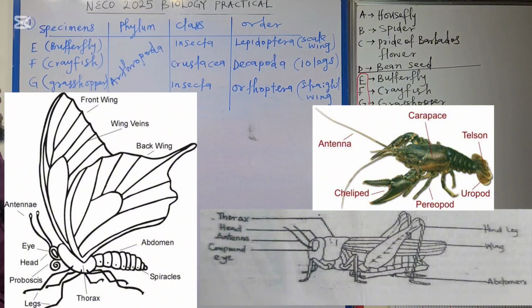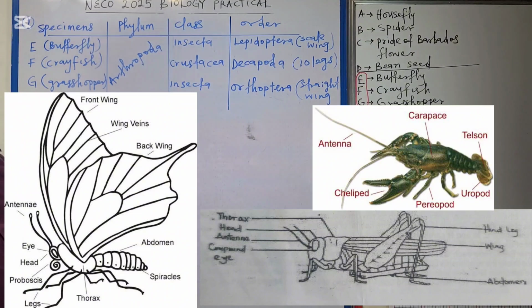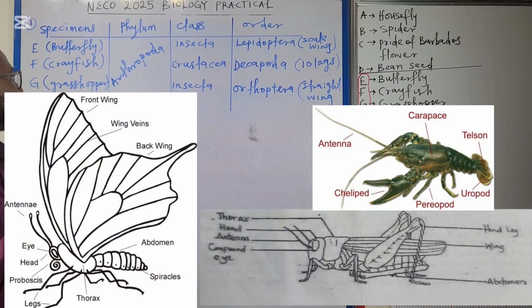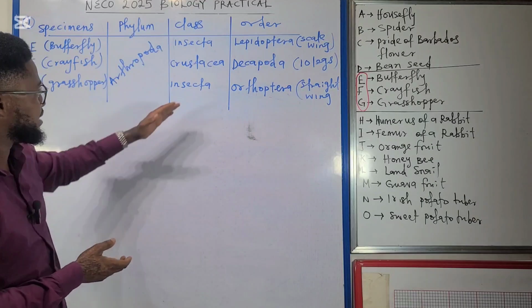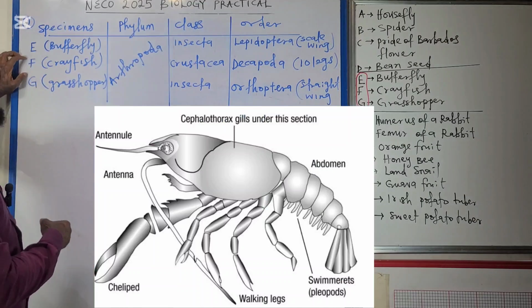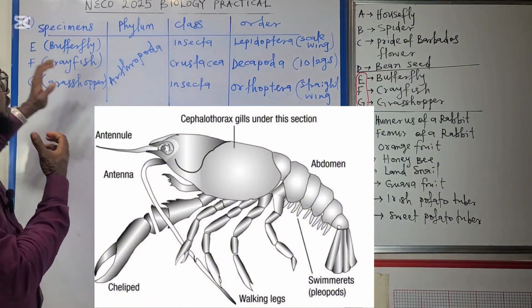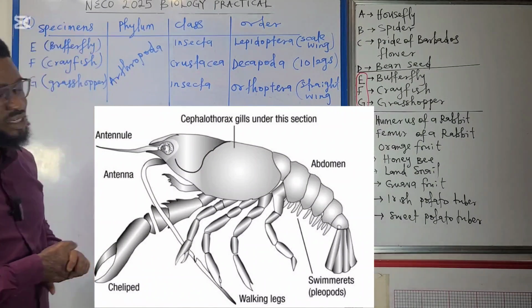The reason why they are Insecta is simply because they have 3 pairs of jointed legs or appendages. Their body is also divided into 3 parts: the head, the thorax, and the abdomen. So the class of specimen E and G is Insecta. When you look at specimen F, your crayfish, the class is Crustacea.